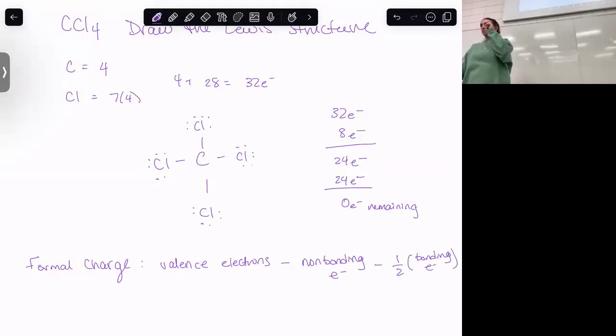So what we mean by non-bonding, that's going to be any of our lone pairs. So any of the dots that you see here, you just count directly. And then half the bonding electrons, that's going to be from any of the lines that you draw.